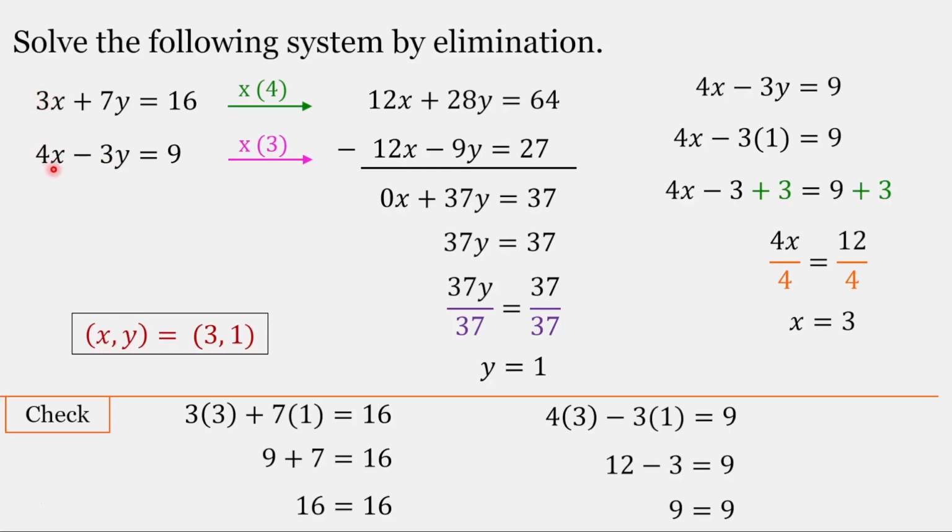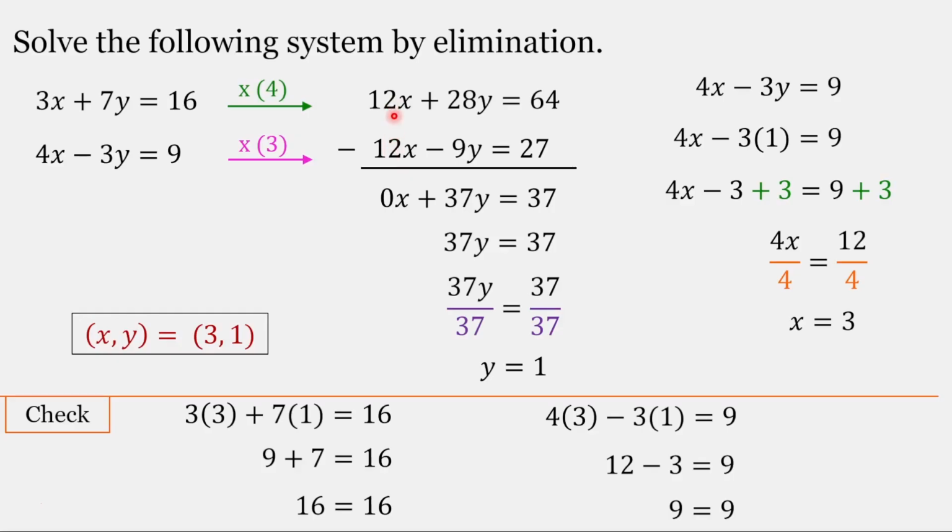But do notice that the x coefficient for both equations is a positive number. And I multiplied both equations by another positive number. So we end up with 12x in the first equation and 12x in the second equation. So if we added these two equations, we'd end up with a positive 24x.